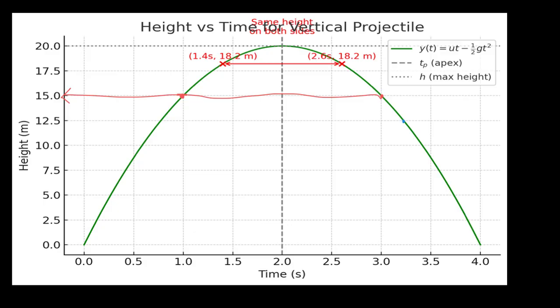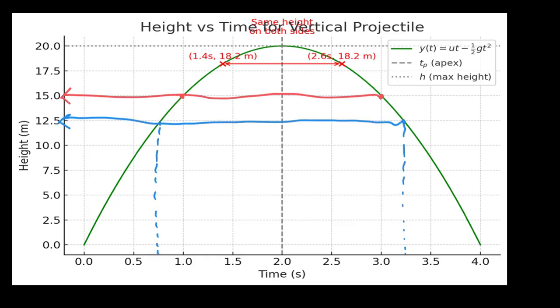So maybe at time 3.25 and 0.75, the displacement is 12.5 meters. So yes, displacement is symmetric from the time of launch to the time of ascent, and then from the time of ascent to the final point, the ground launching point again.